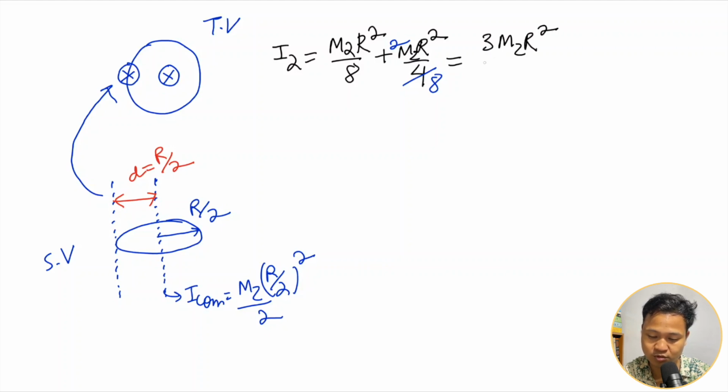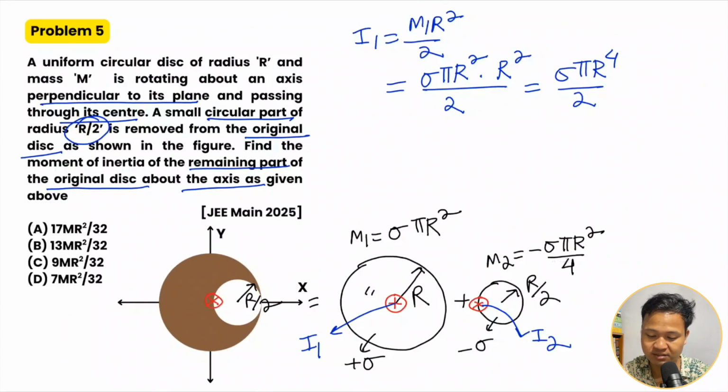So how much will you have here? m r square divided by 8. The mass m2 is a negative mass, so m2 is minus sigma pi r square by 4.